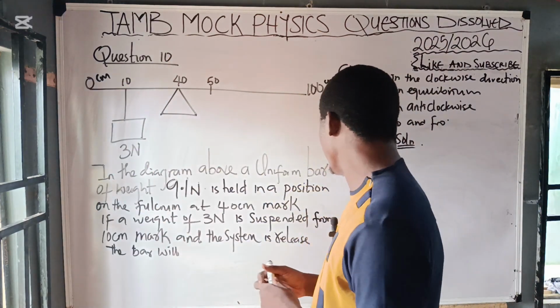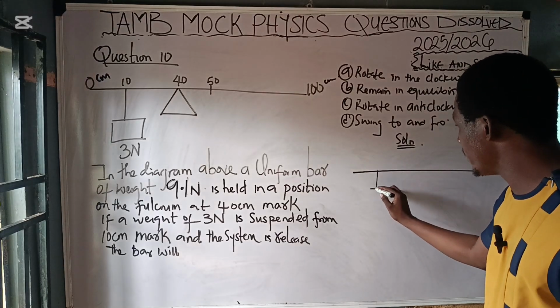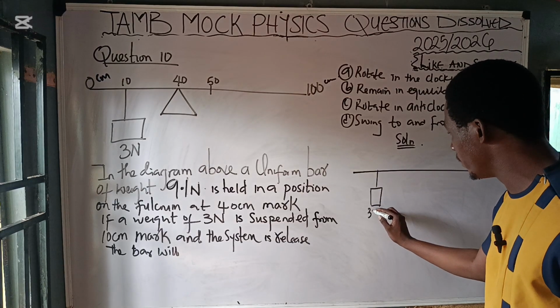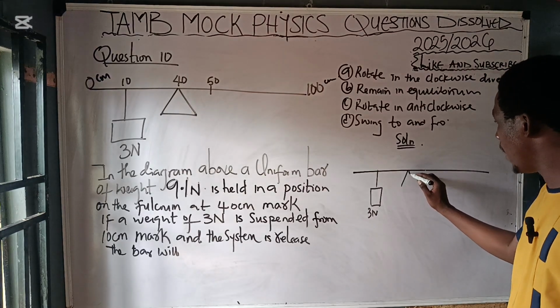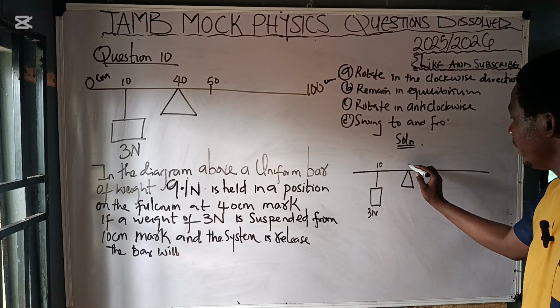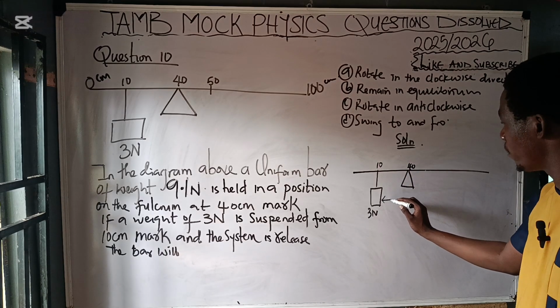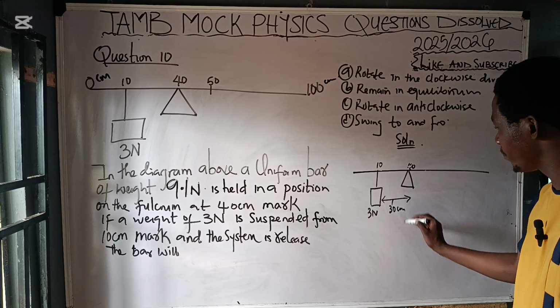It is very easy. First of all, let's draw the diagram again. We have a weight here, which is 3 Newton, and we have our pivot, which is the fulcrum. Here is 10, here is 40. So the distance from 10 to 40 will give us 30 cm.